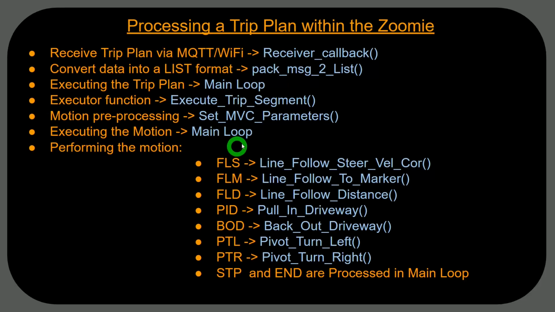But I need to convert that data into another set of instructions that will allow the Zoomie to actually move, because the trip instructions are kind of directions on what to do, but not the detailed instructions on how to do that. So that is this function of set MVC parameters. We'll go through this very briefly, and then after that we'll be back into the main loop, so we'll catch up on that in a minute.